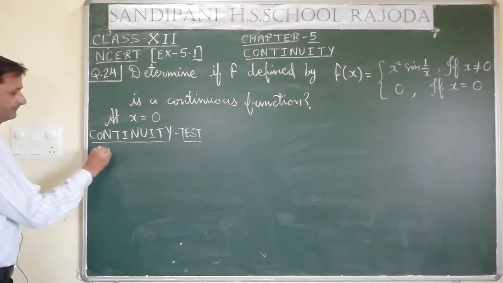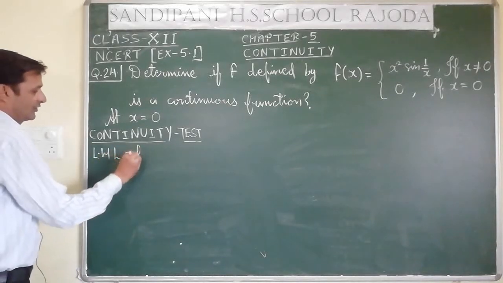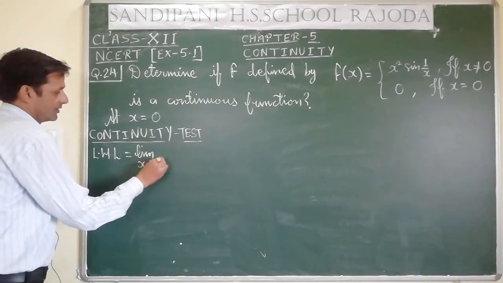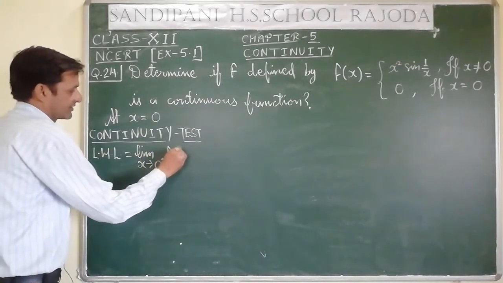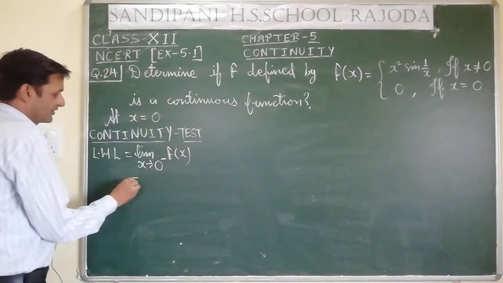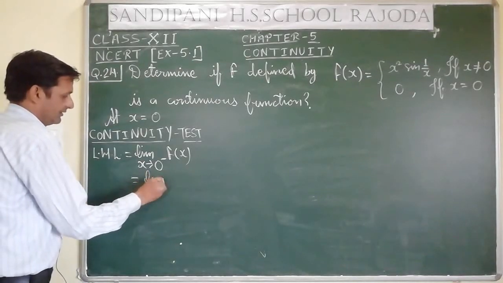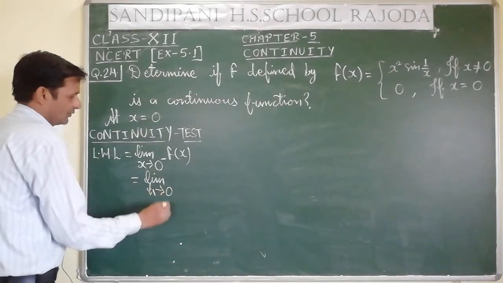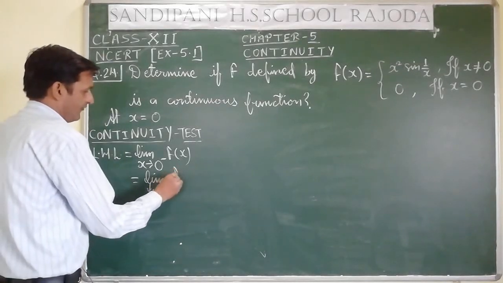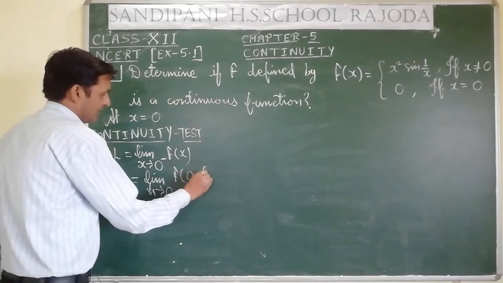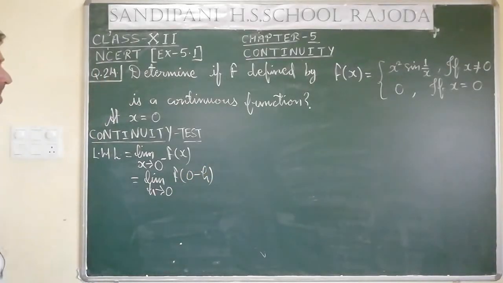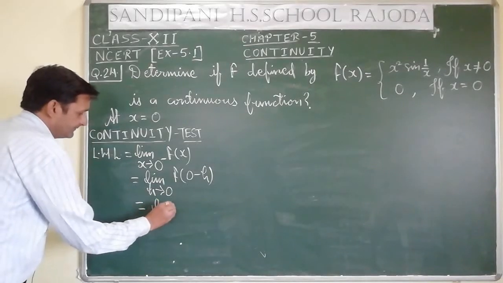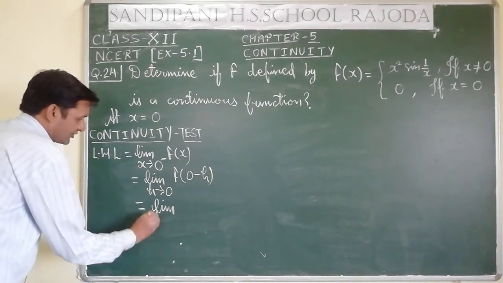LHL, that is equal to limit x tends to 0 minus f of x. It is equal to limit h tends to 0 f of 0 minus h, that is equal to limit h tends to 0.